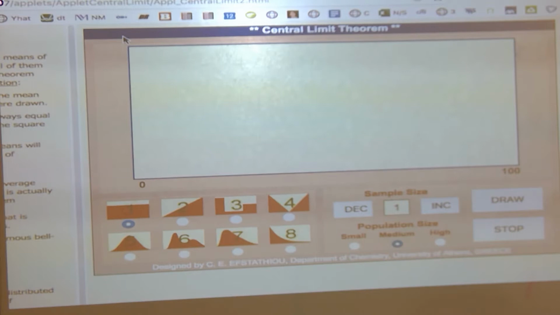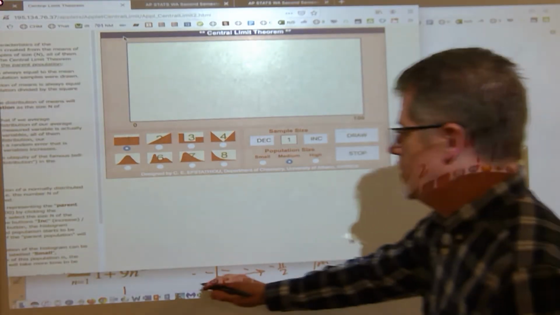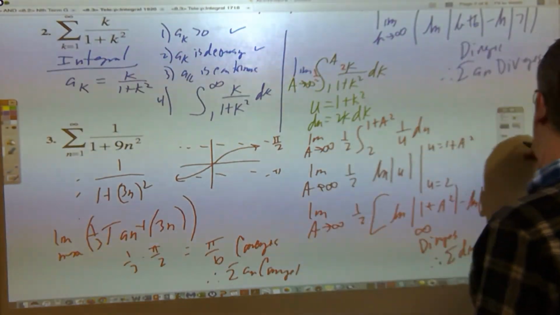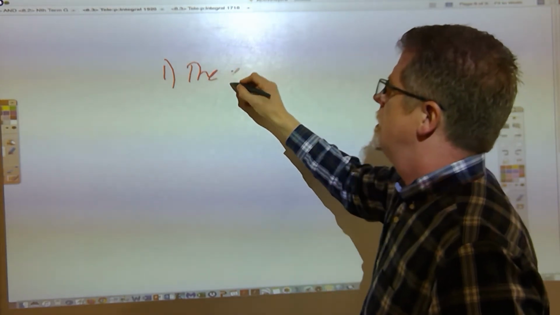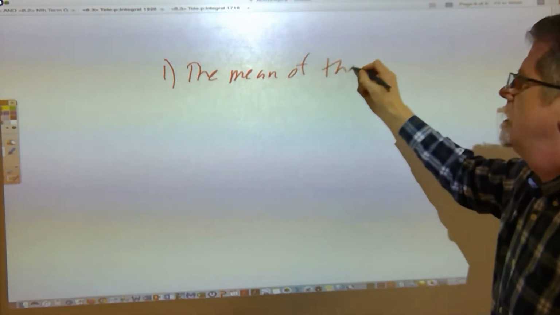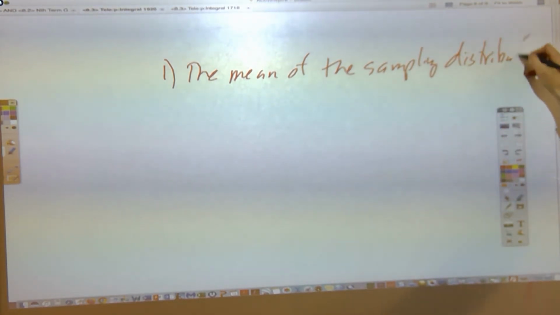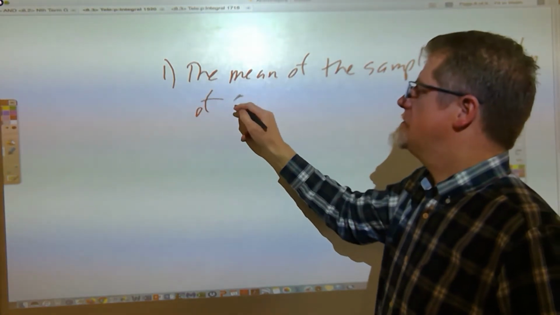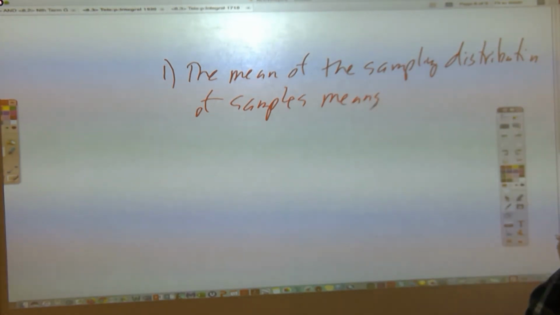Now, on your notes, I'd like you to write down on the very last page, there's room at the bottom half of page 4 to write down all 4 statements in the central limit theorem. So let's just jot down all 4 of them. On the bottom half of page 4, you can write: the mean of the sampling distribution of sample means, the average of the averages.